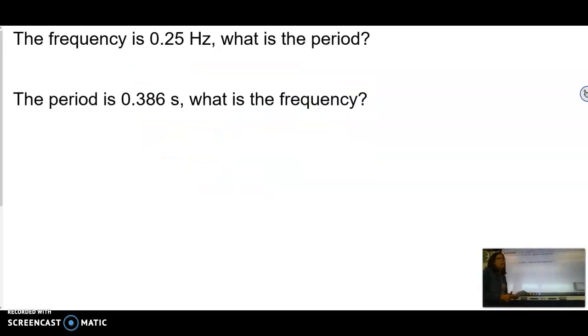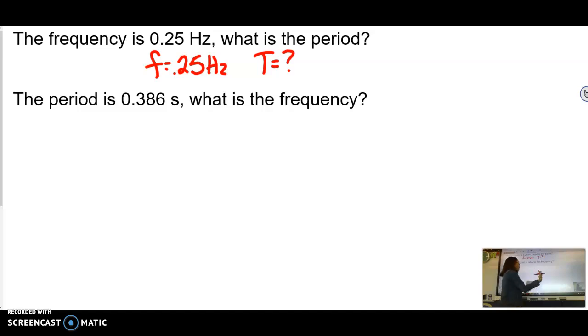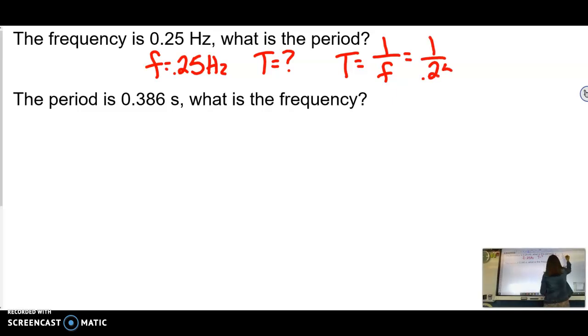Okay, just to make sure you understand what I mean by that, I'm going to do a quick calculation. If the frequency is 0.25, I want to find the period. Well, all you have to do is period is the reciprocal of the frequency. So you literally just do 1 divided by the number. So I'm going to do 1 over 0.25, and 1 divided by 0.25 is 4.